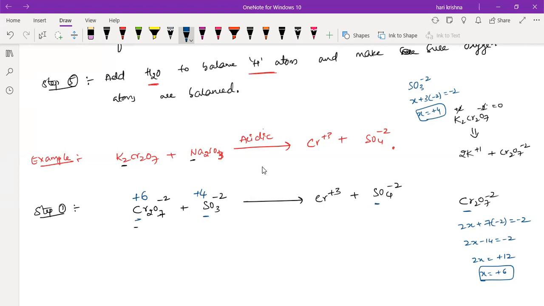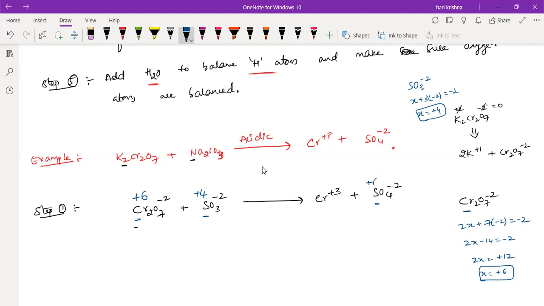What about this sulfur in SO4 minus 2? Sir, plus 6. It will show plus 6.